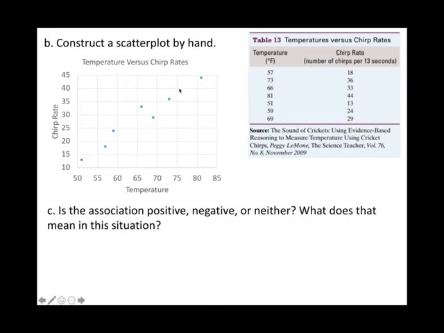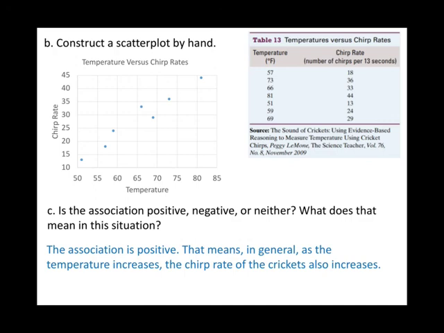So this is going to be a positive slope, okay? And also, we could draw a straight line here, and all the points are going to be around the straight line. So we could say there is a positive association. That means in general, as the temperature increased, the trap weight of the crickets also increased.